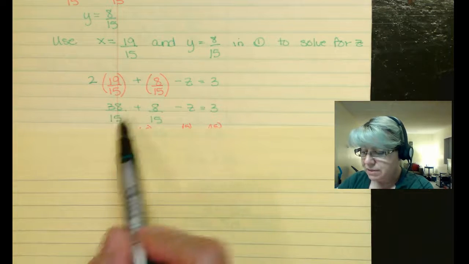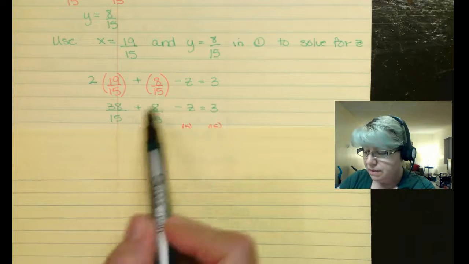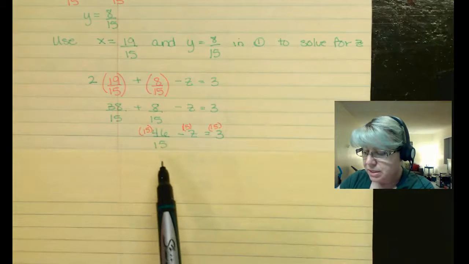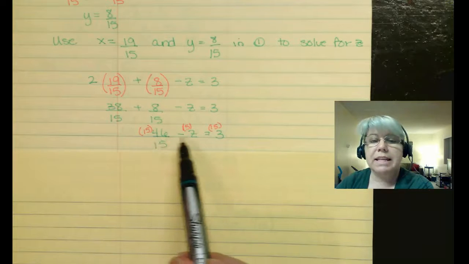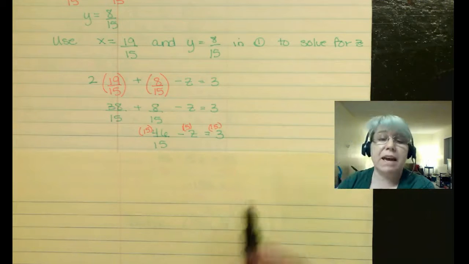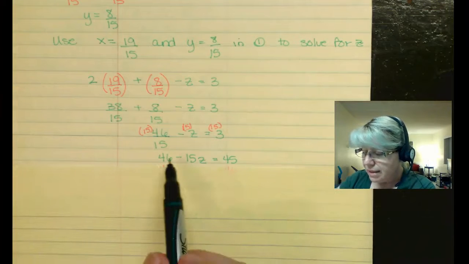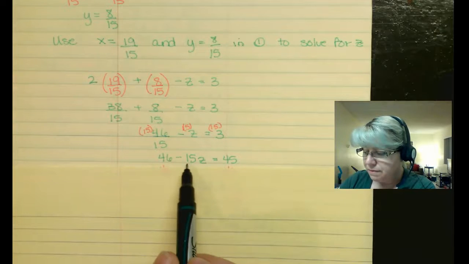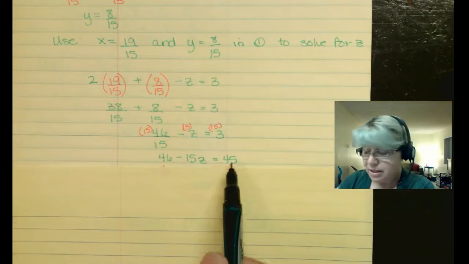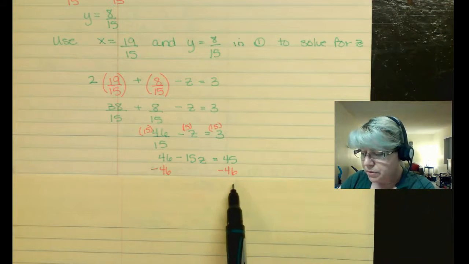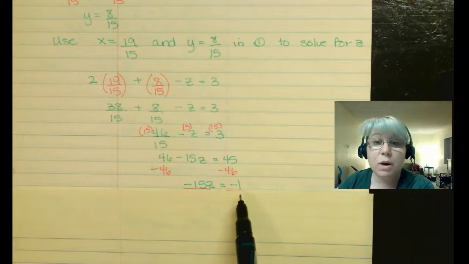That's 38/15 plus 8/15 minus z equals 3. 38/15 and 8/15 is 46/15 minus z equals 3. I'm going to go ahead and multiply each term to eliminate that fraction. Multiply everybody by 15. That gives me 46 minus 15z equals 45. Subtract 46 from both sides, leaving me with negative 15z equals negative 1.